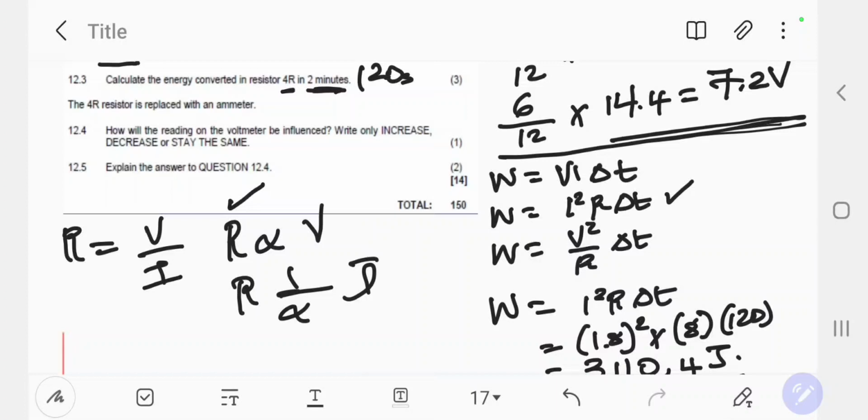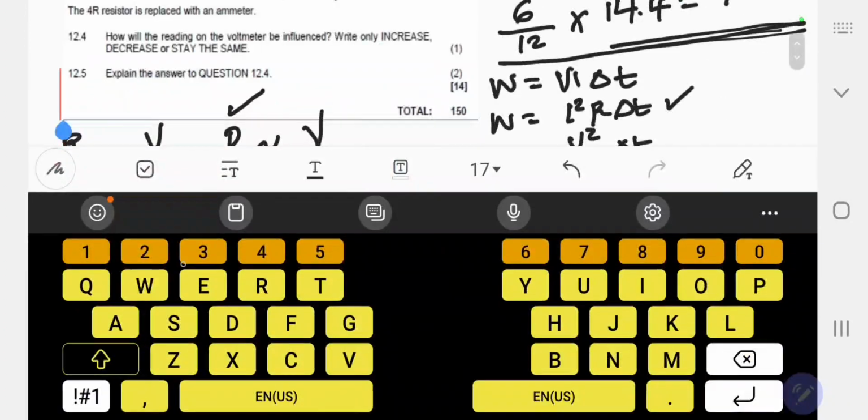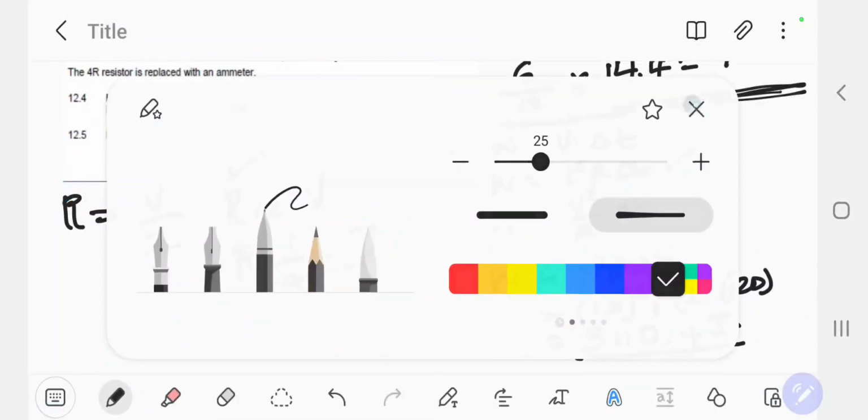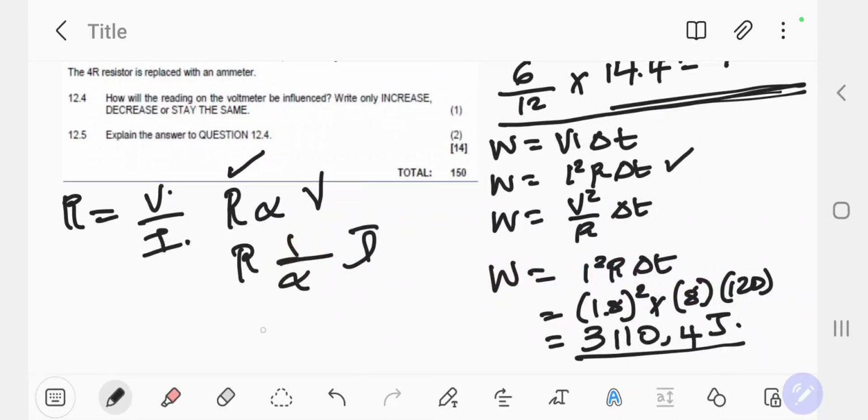So R equals V over I, that's your formula there. Therefore, when resistance increases, the current will drop. As the current is dropping, the potential difference is also decreasing. So we are going to have a decrease as the answer.